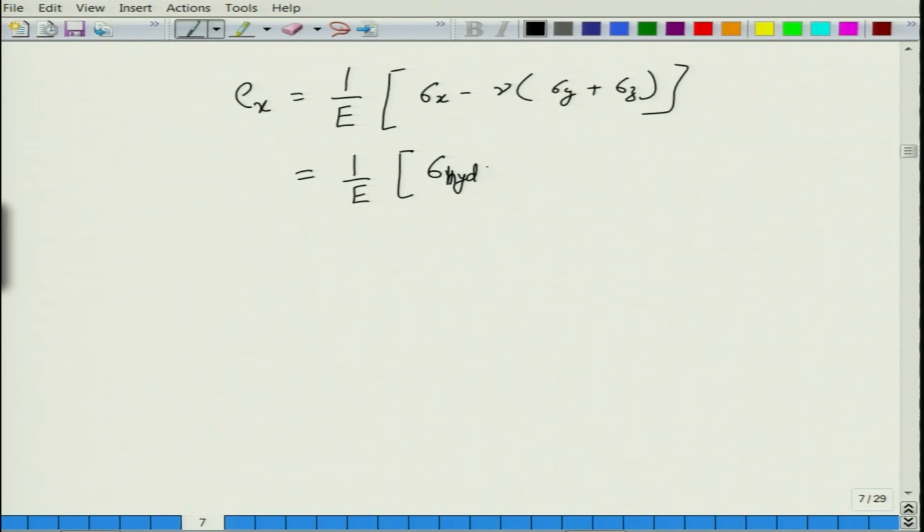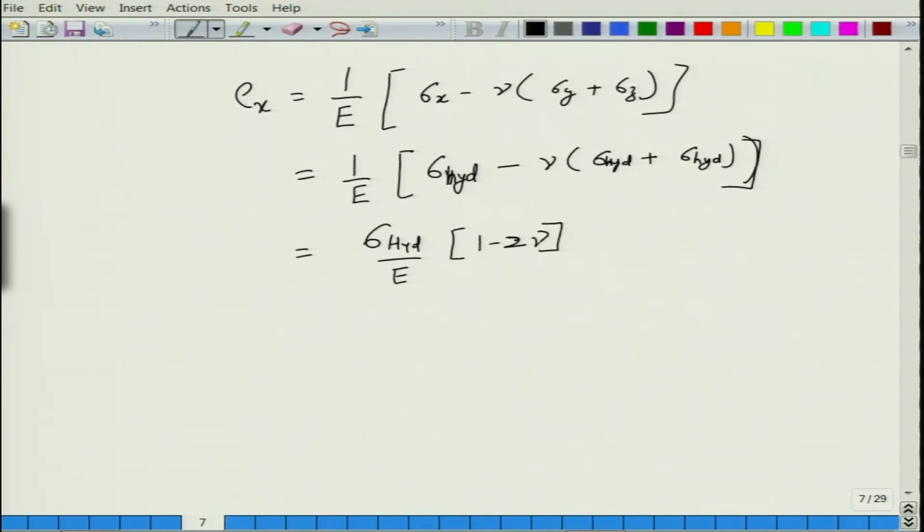So, basically it will be sigma hydrostatic minus nu into sigma hydrostatic plus sigma hydrostatic. So, this will be sigma hydrostatic divided by E into 1 minus 2 nu.